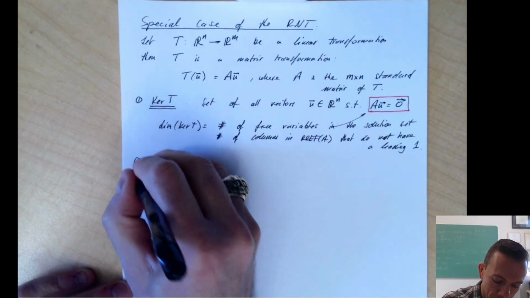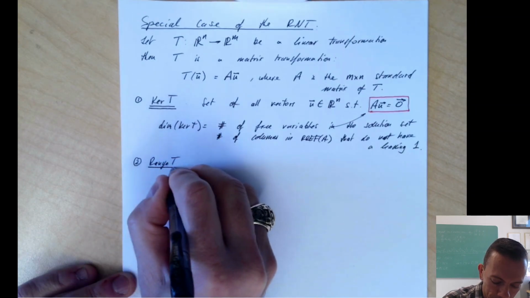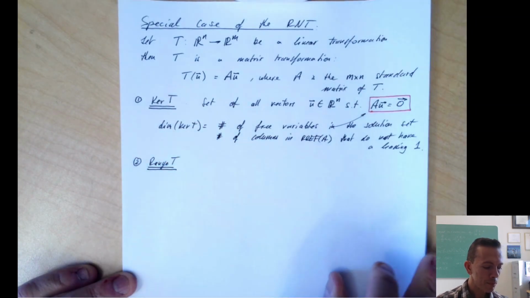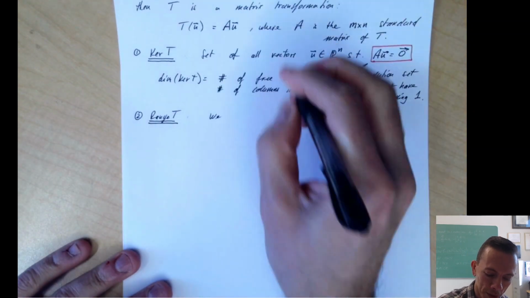So, second, we can find the range of T. We can write the same transformation right here.